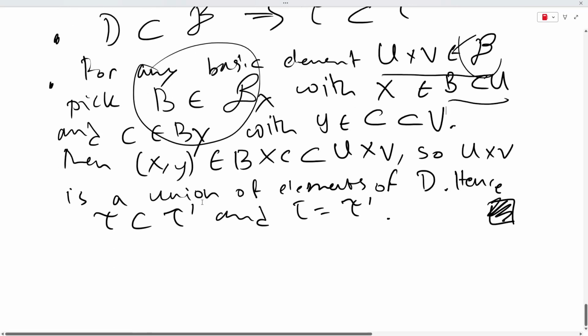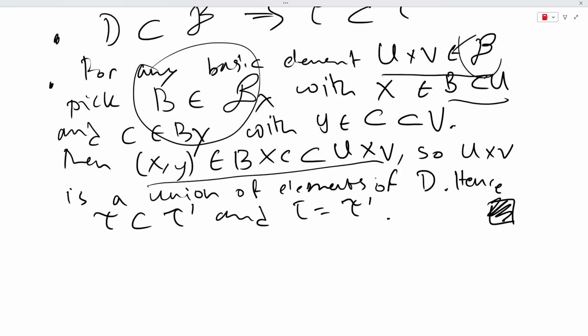Then we showed this point lies here, and so this satisfies the definition of a basis. Since that's a basis, we can choose points and open sets like this.